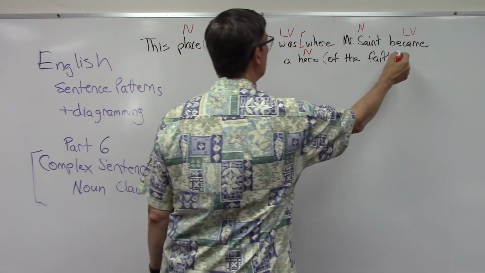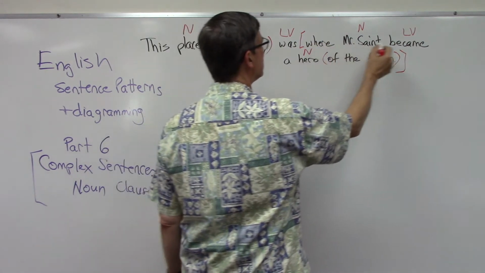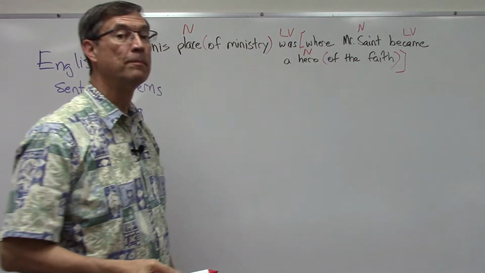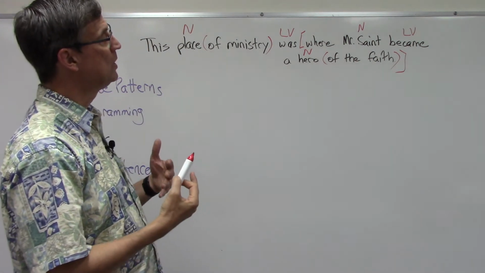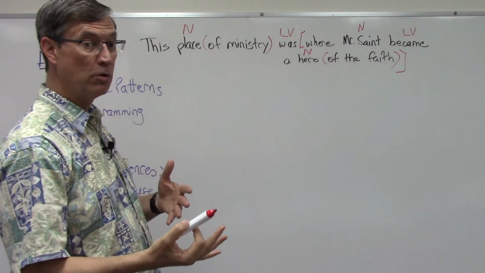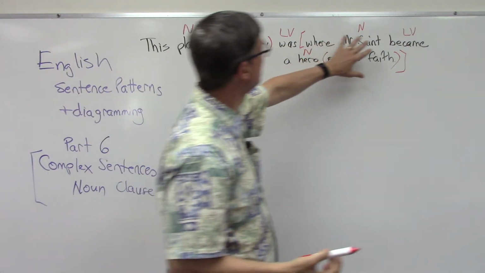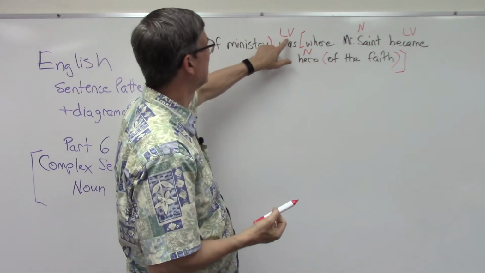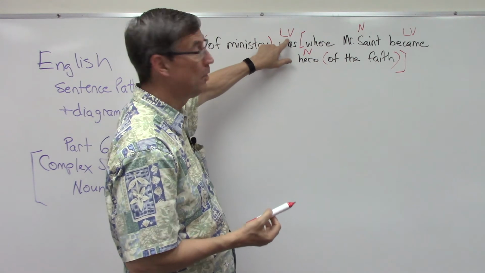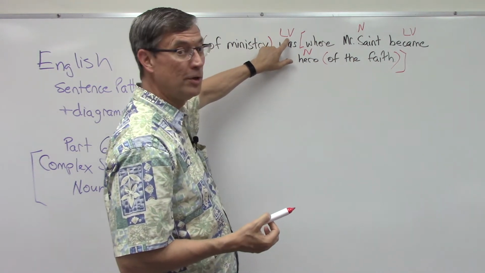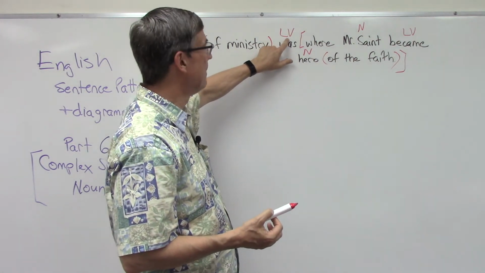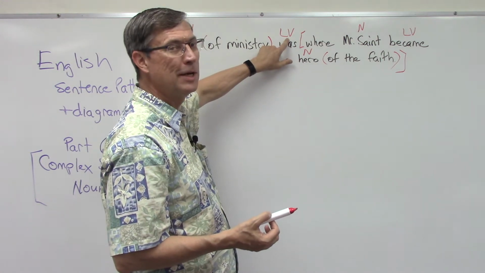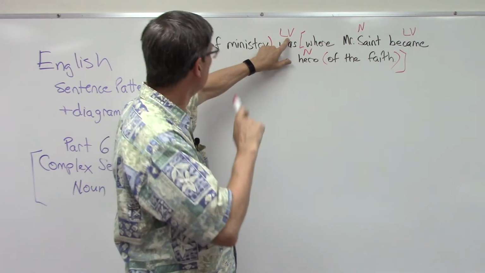And then this whole clause, where Mr. Saint became a hero of the faith, becomes the noun clause, which is going to function as, not the direct object, but technically the predicate nominative. Because remember, anytime we have a linking verb, absolutely positively, the noun that comes after it is a predicate nominative.